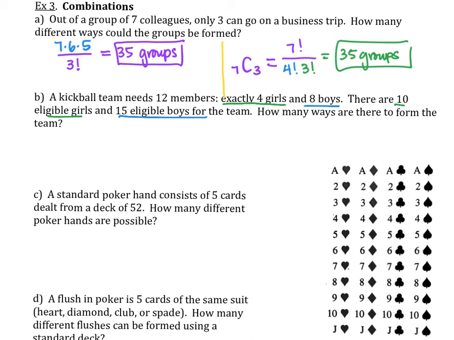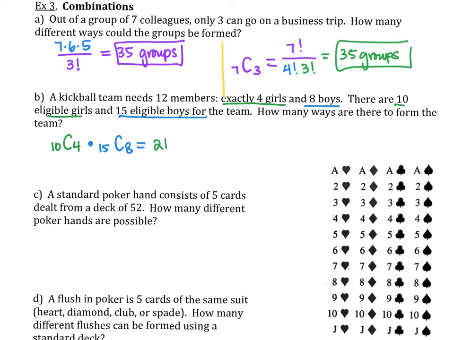Okay, let me start with the girls. I want exactly 4 girls. There are 10 to choose from. So I'm going to do 10 choose 4. And I'm going to multiply it by all the different ways I can choose the boys for the team. For the boys, I want exactly 8 boys and I have 15 to choose from. So I'm going to do 15 choose 8. Okay, I'm going to put this in my calculator. Most of you have a 10 choose 4 in class.